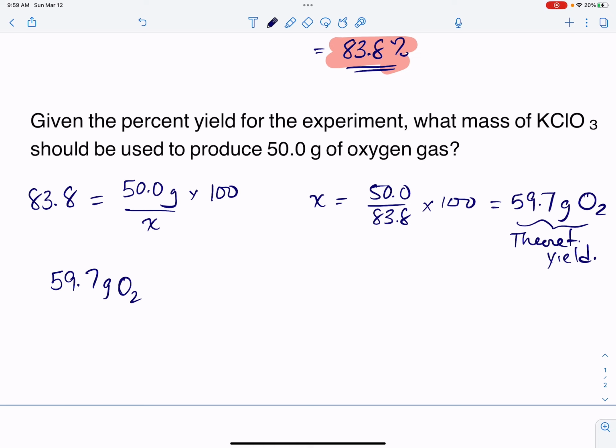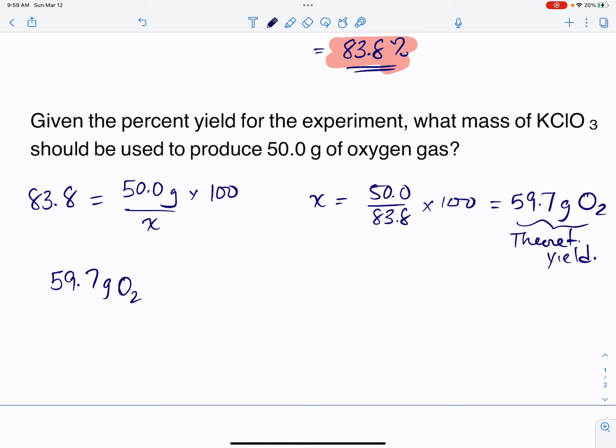So let's switch our grams of oxygen to moles of oxygen. Then we'll use the balanced equation, switching moles of oxygen to moles of potassium chlorate, and then using its molar mass again, switch the moles of potassium chlorate to grams of potassium chlorate, and I'll have my answer.